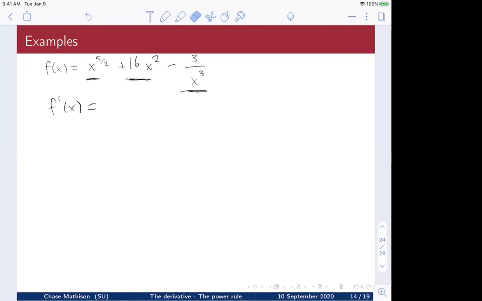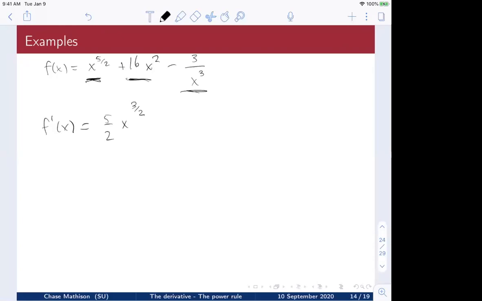So what is the derivative of the first part? What's the derivative of x to the 5 halves? 5 halves x to the 3 halves. Perfect. There's no x on the top.